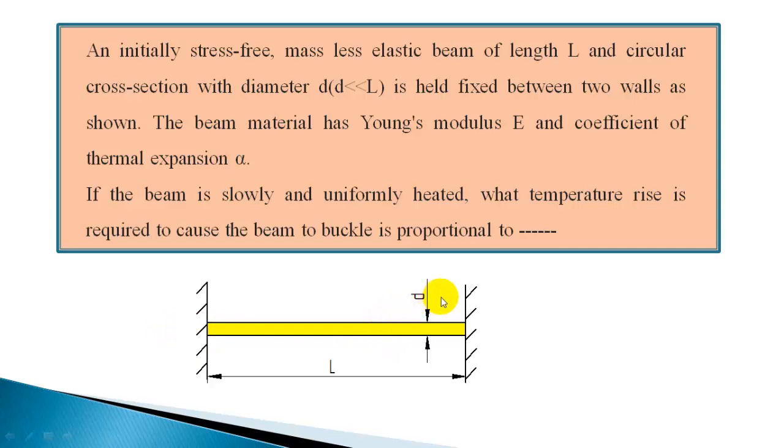Since it is a slender bar, as already given that the diameter is much less than L, this will act like a slender column and it will buckle when the temperature rises. So what temperature rise is required for this member to buckle, that we need to find out.